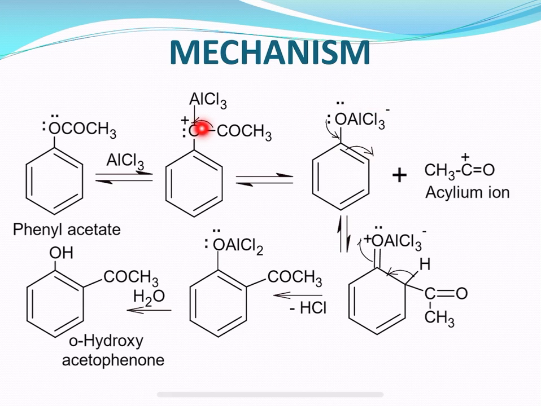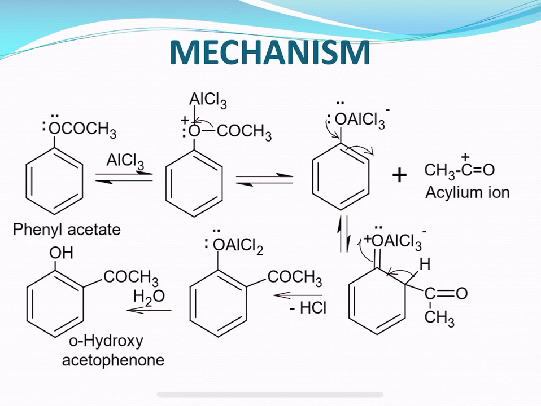Since the electrophile has been generated in this step, the acyl carbocation goes on to attack the aromatic ring via electrophilic aromatic substitution. When the aluminum chloride is attached to this carbonyl group, we are going to form an acylium ion which gets separated.